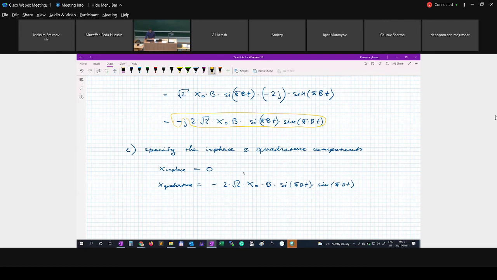Shouldn't we ignore sine? Is this the question? From exponential to sine, okay.